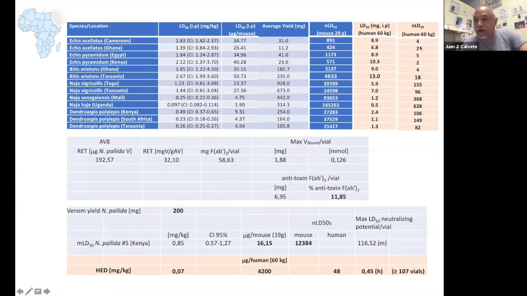And look here also at the different LD50s, for mice and of course for human, for the different venoms that the antivenom is intended to neutralize. You have from 2 LD50s that need to be neutralized to almost 600 LD50s for some species like this Naja from Uganda.